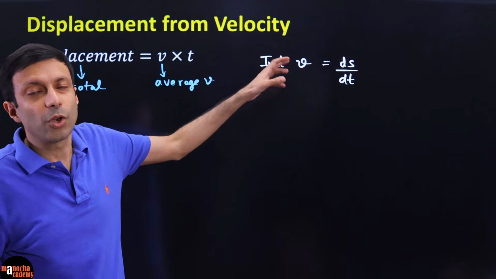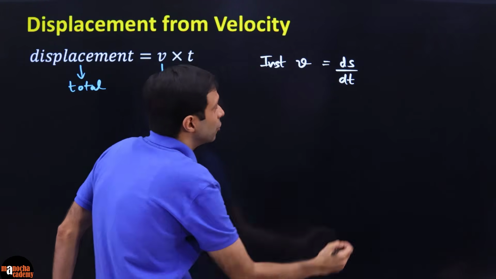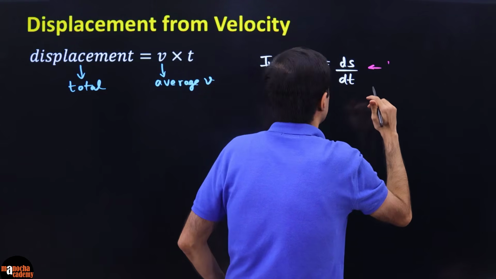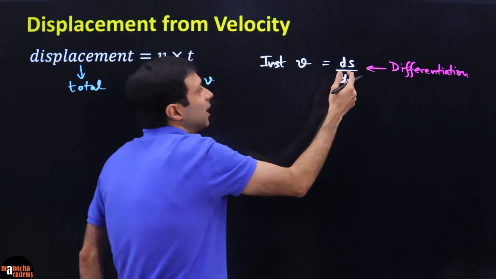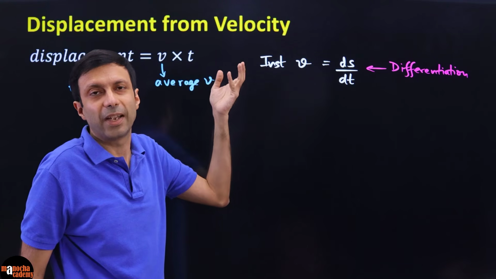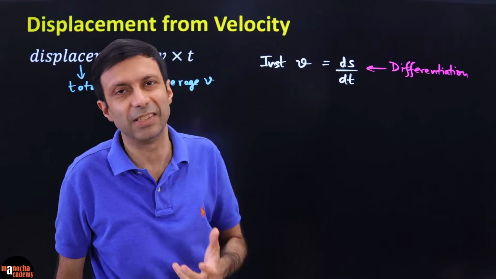To calculate it, we do a differentiation with time. We do ds by dt. So you can see here we are doing a difference, and here we are doing a differentiation. This ds by dt is the differentiation in calculus. And that way you can find out the instantaneous velocity, the velocity at a particular instant.